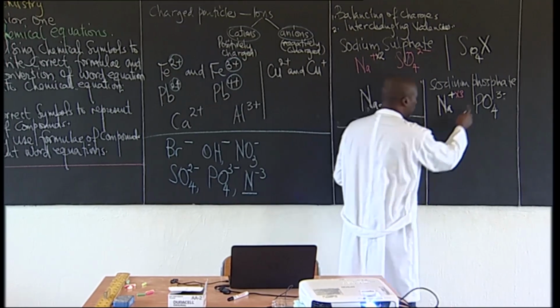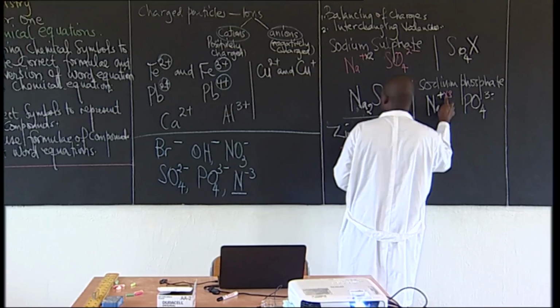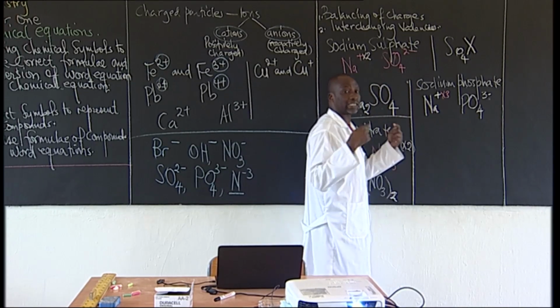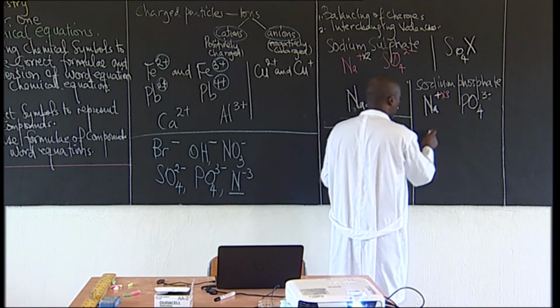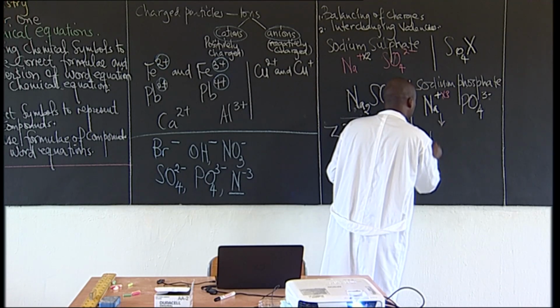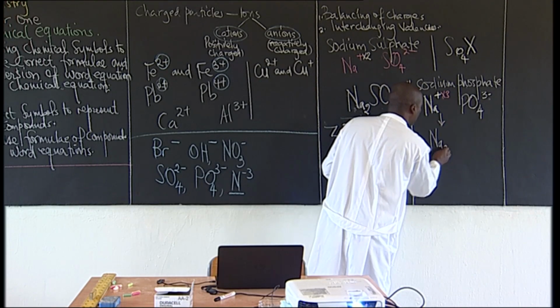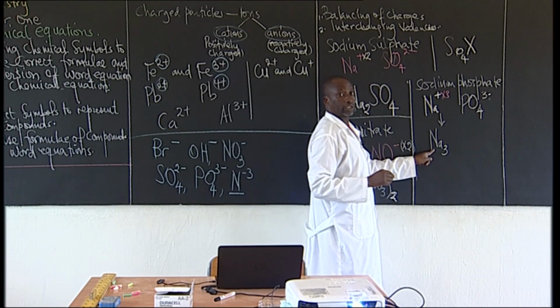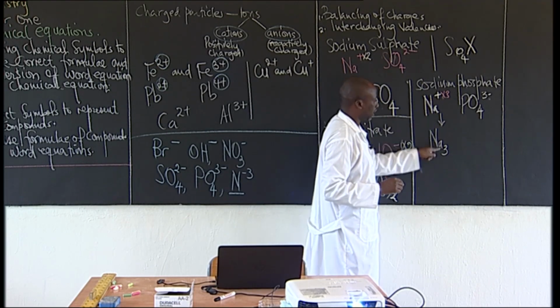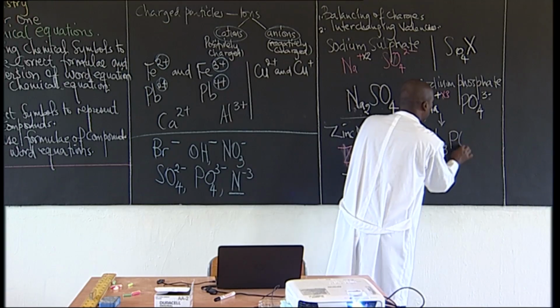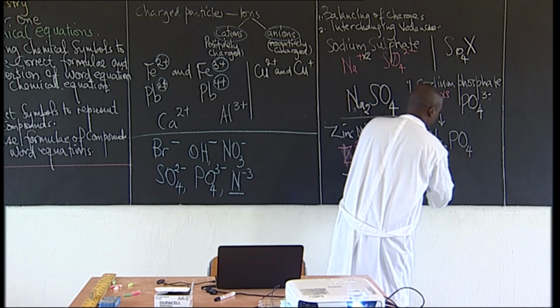So what do we do? The factor here that we have multiplied here must be written as a subscript of this element. So this one will be written as sodium. You remember we wrote it. This 3 is this one that we are writing here. And then bring the phosphate like this.